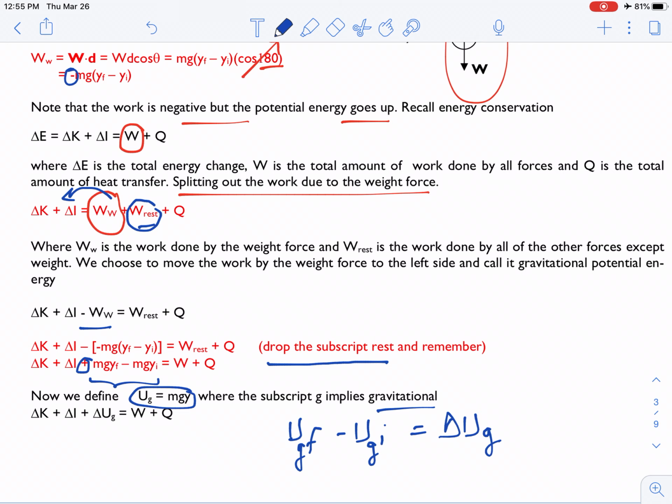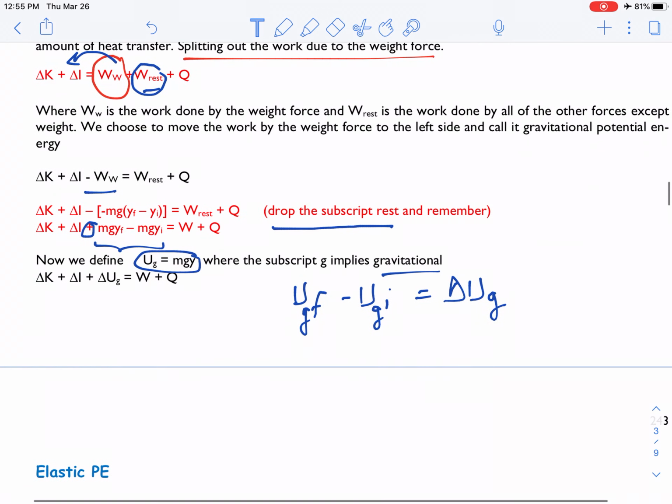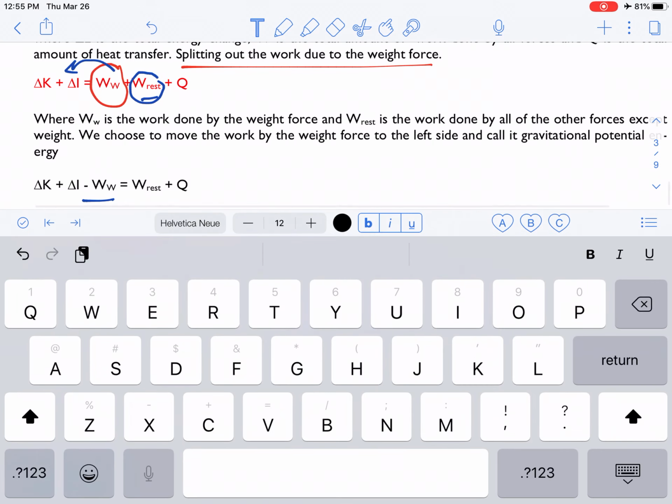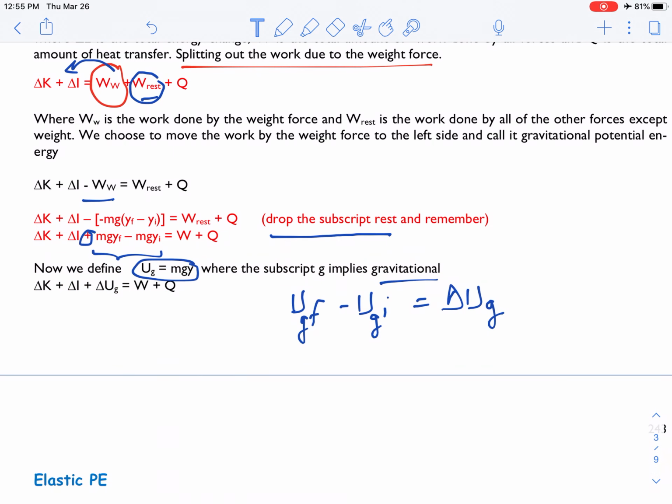So now when you put it on the left side as the potential energy, the work term here does not include the work done by the weight force. If you're keeping delta U_g on the left side, do not include work done by weight force in total work.